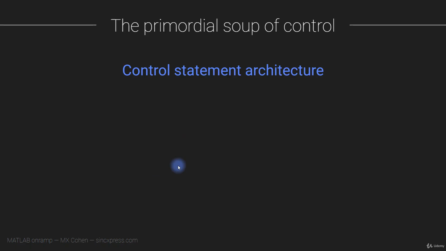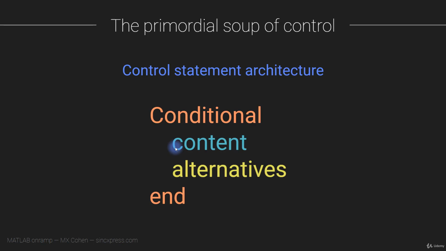So the basic architecture of all control statements looks a little bit like this. They start off with a conditional statement, and a conditional is a statement that returns a Boolean value, so true or false. Next comes the content of the control statement. This is all the code that gets run when this conditional is true.